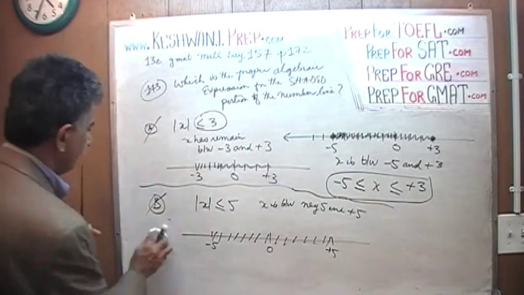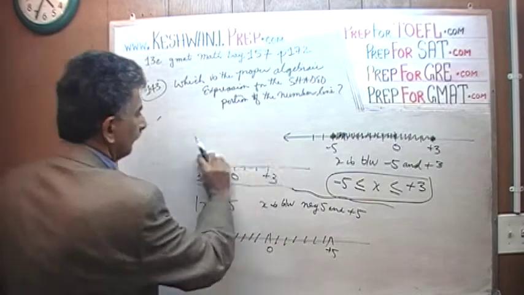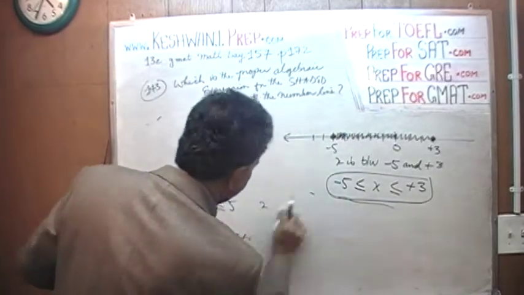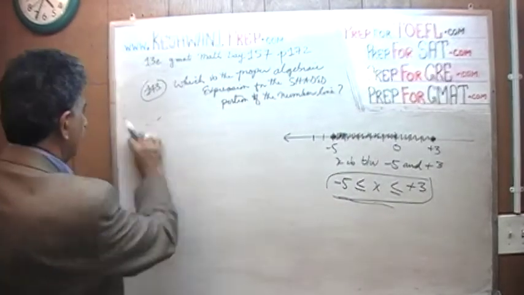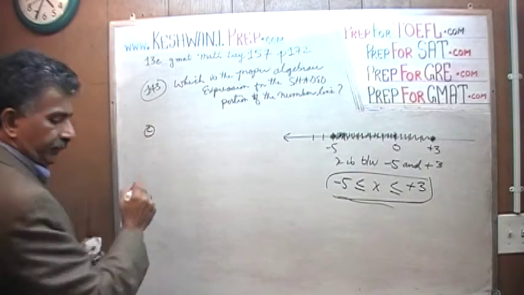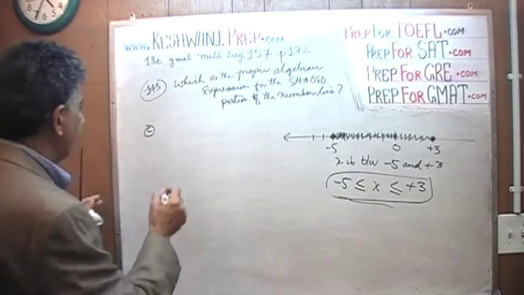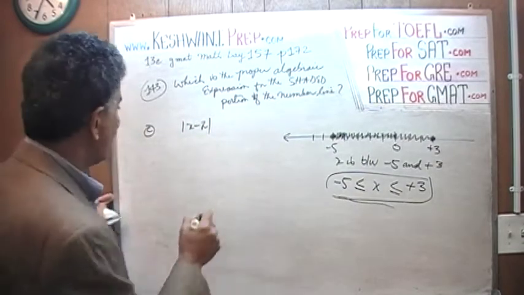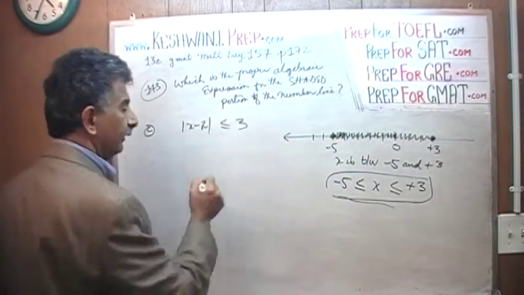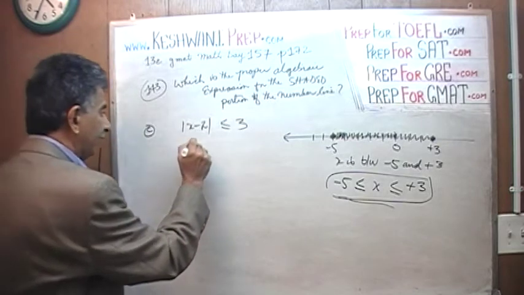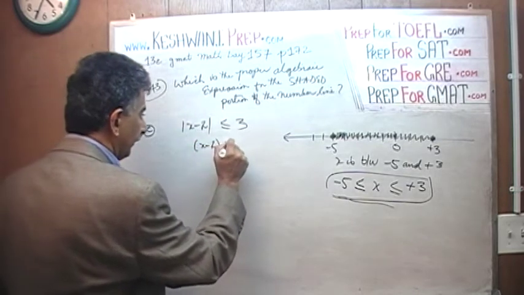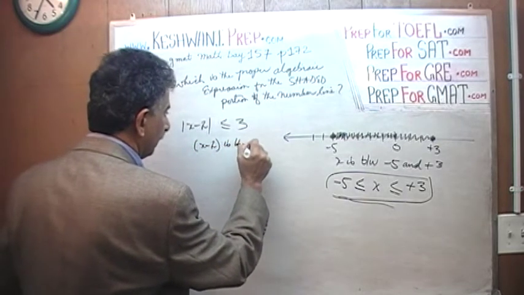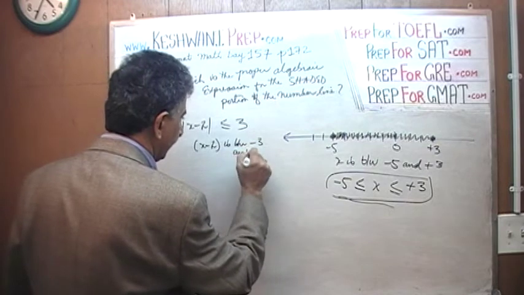Answer choice C. In C, they tell us that the absolute value of x minus 2 is less than or equal to 3. This tells us that x minus 2 is between negative 3 and positive 3.